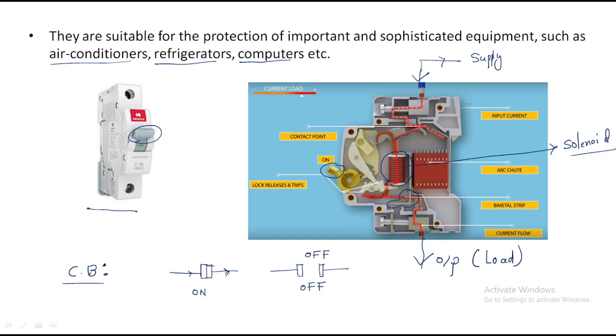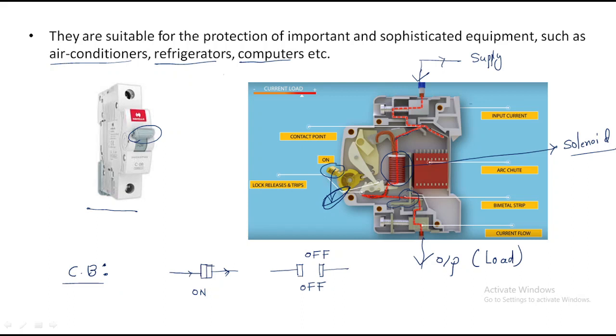For example, whenever it is overloaded, the bimetallic strip will get a thermal reaction. The bimetallic strip will be bent. Whenever it is bent, automatically it will release the pressure. It will release the pressure, meaning it will go downwards like this.